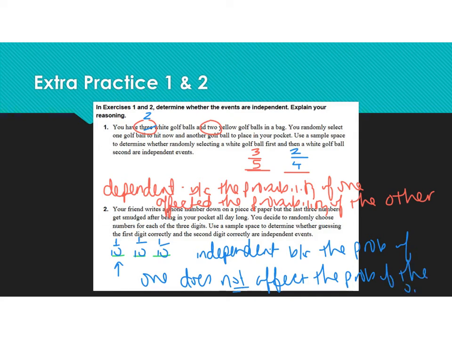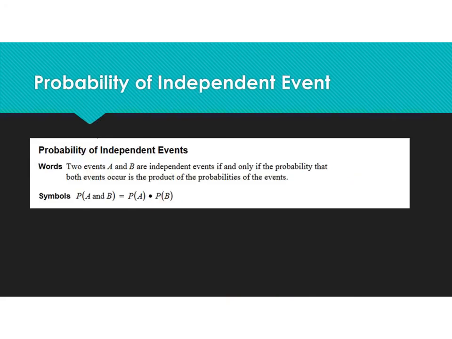All right, so let's move on and see how we actually figure out the probability of this phone number. If you have independent events, and remember that is when they do not affect each other, to find the probability of both things occurring, you are going to multiply the probabilities together.